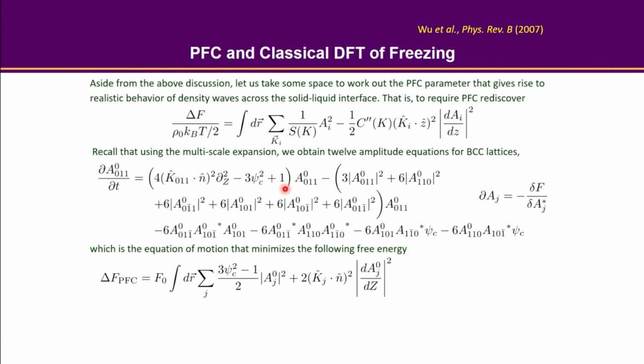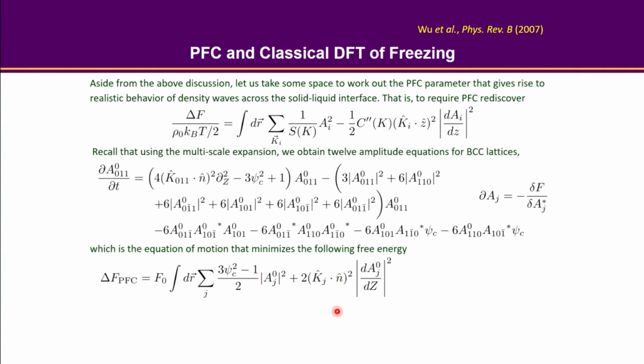So you must have this minus 3 precise c squared plus 1 times A011 times its complex conjugate, right? And divide by 2. Okay, so very quickly, the corresponding free energy to the quadratic order must have this coefficient. The summation here is from 1 to 12, over all these 12 BCC principal reciprocal lattice vectors.